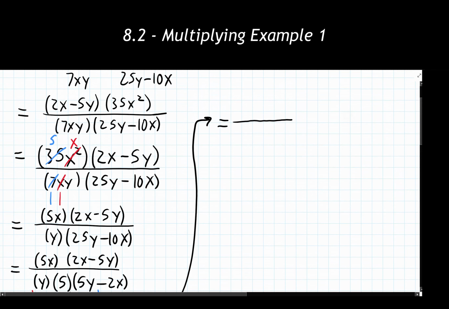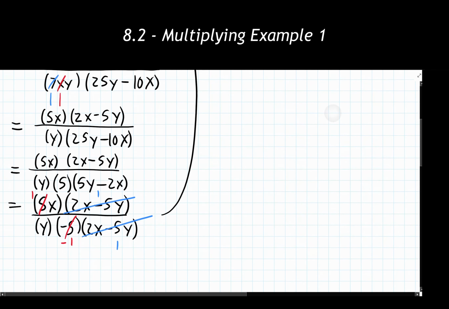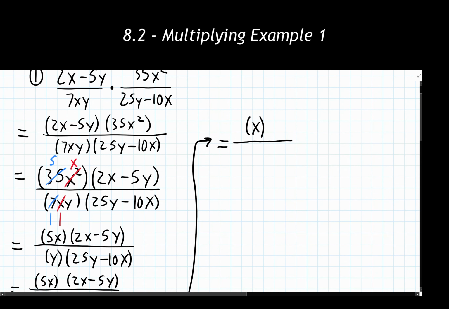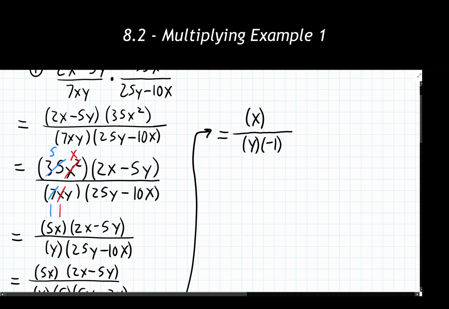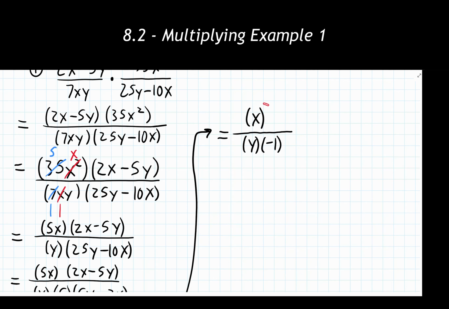So my numerator is now just x up top, and I have y times negative 1 down below. Everything else over here becomes 1, so it effectively cancels and merges with everything else that we've been given. So now this thing looks much nicer to work with, and I can simplify this down.